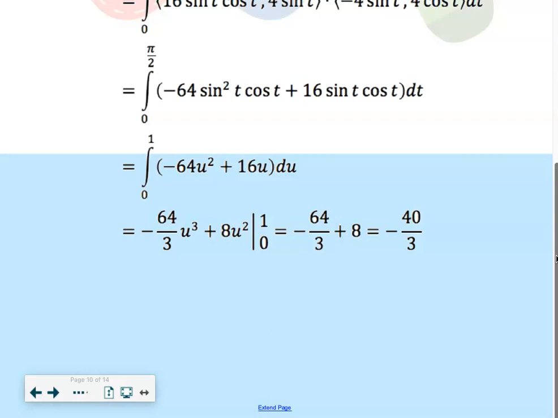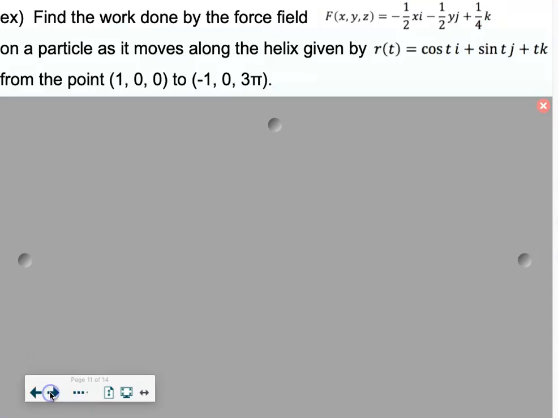All right, any questions? All right, there's more. Find the work done by the force field F of x, y, z on a particle as it moves along the helix given by r of t equals cosine t, sine t, t.